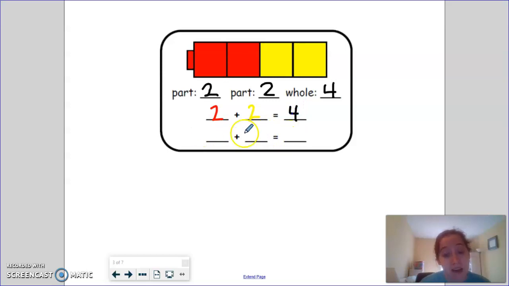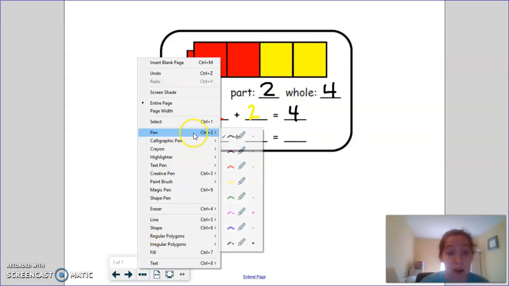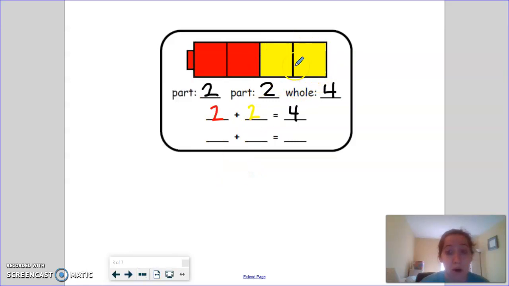Now, there's a second spot here because there's another way to do this. We could flip the cubes around. If we started on this side, the first part would be yellow. So how many yellow cubes were there? 1, 2. So if we started with the yellow number first, it would look like that. Then we have to fill in the red cubes.